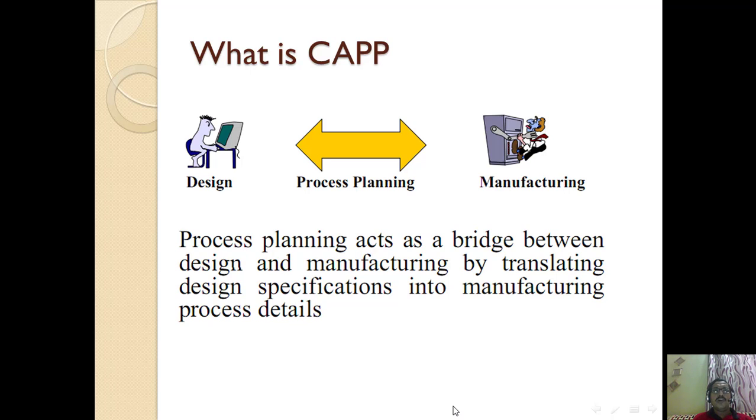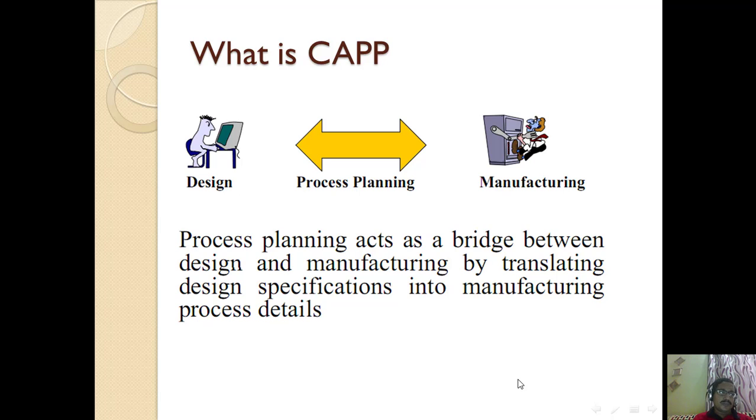But in the modern scenario, whatever data you have is stored in the computer memory, and the software asks some questions, very simple ones related to design and job specification, and you answer them. Accordingly, the optimum process sequence will be developed with computer assistance.